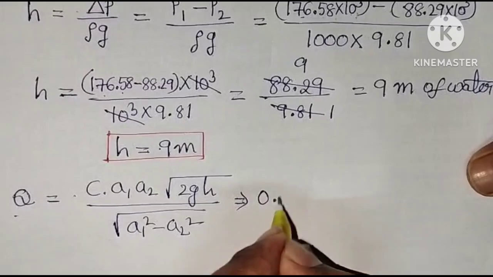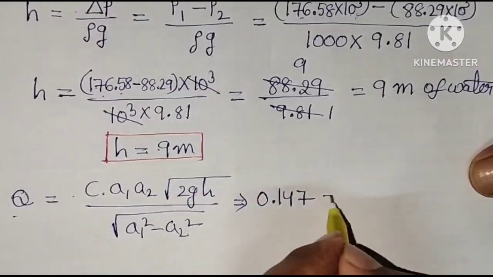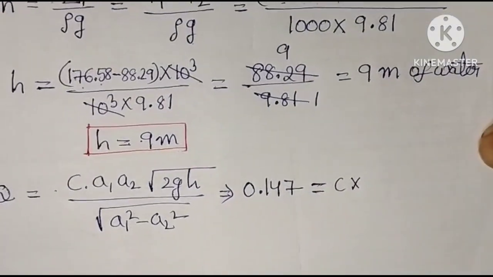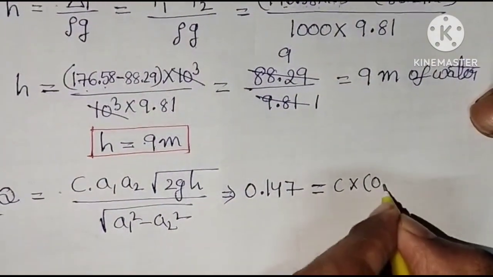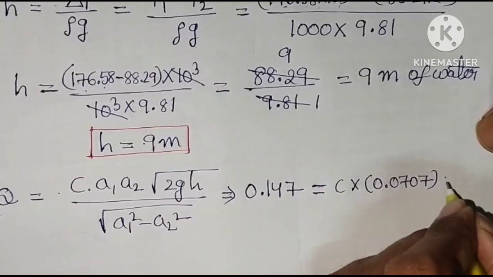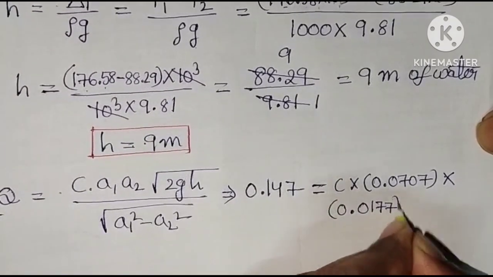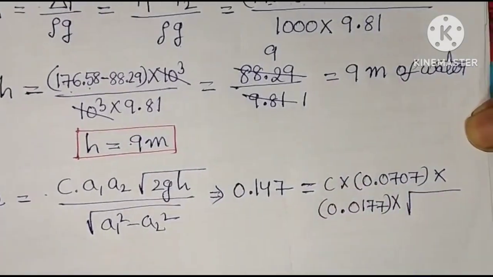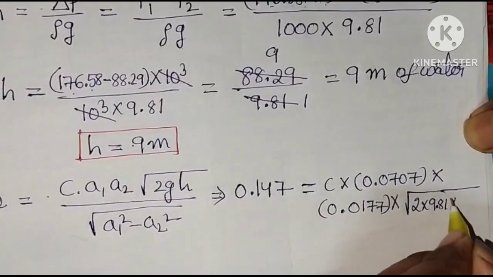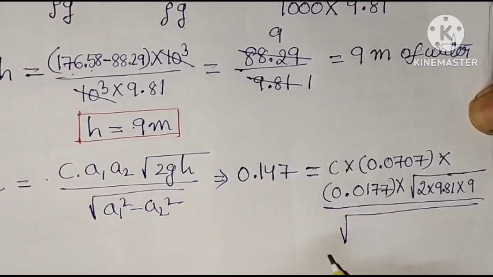So let us substitute all values. Q is 0.147, equal to C into A1, whose value is 0.0707, into A2, 0.0177, into root over 2GH, that is 2 into 9.81 into H, 9, whole divided by root over A1 square minus A2 square.